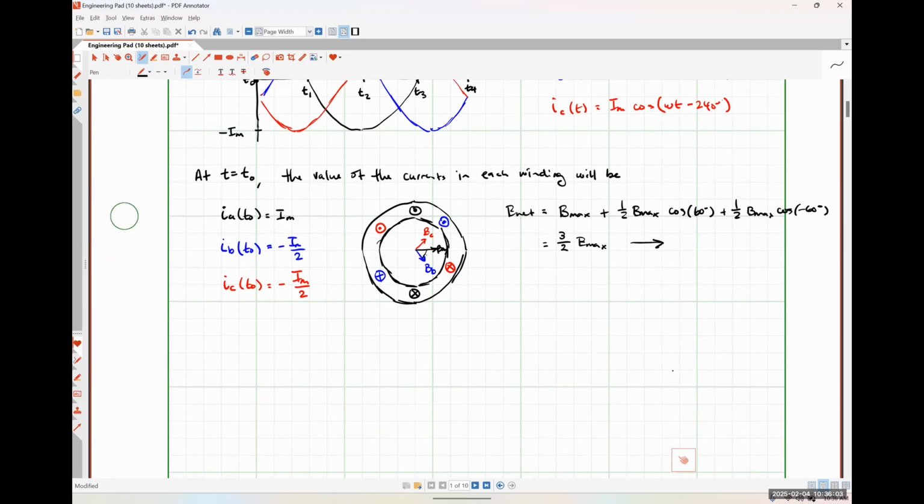So now let's look at what's going on at T is equal to T1.